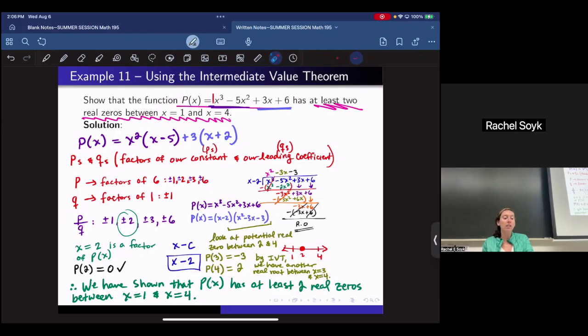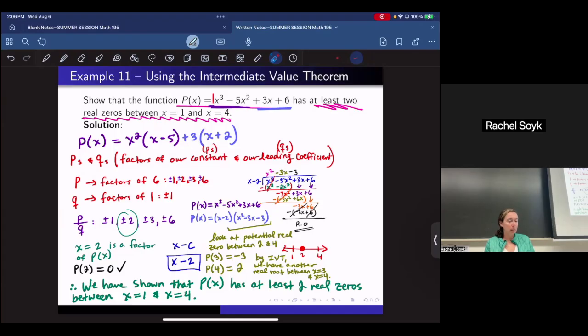And then you did another one from x equals 3 to 4, just like we did here. Then you'd be like, oh, we have two changes. It went from positive to negative, and then over here it went from negative to positive. So we know that there is a real root between 1 and 2.5, which happens to be 2. And then we have another real root between 3 and 4. So therefore, we've shown that p of x has at least two real roots between 1 and 4.